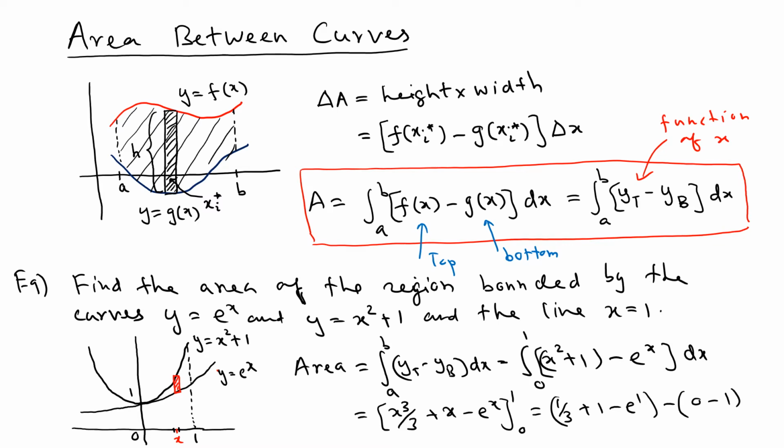If you simplify this, what's the final answer? You will end up getting 7/3 minus e. This is the area problem, so it is in units squared. So that's what you get for the first one.